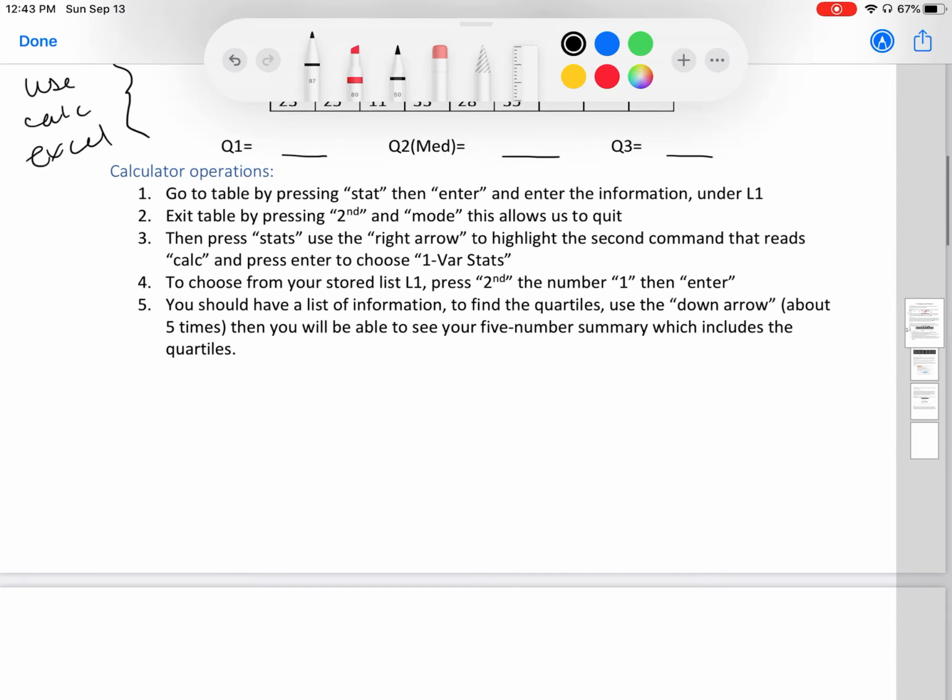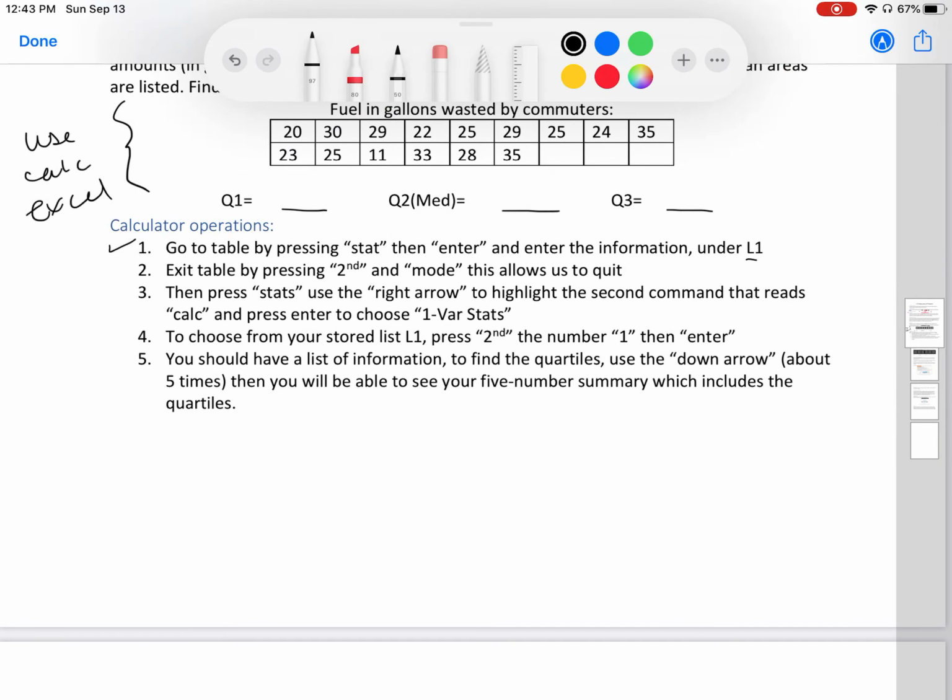To use your calculator, you're going to start by doing your list like you would for any problem with raw data. One, go to the table, find your table by pressing Stat and then Enter, and enter all the information in L1. Two, exit the table by pressing 2nd Mode, which allows you to quit.